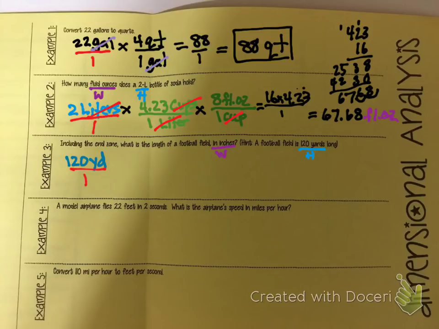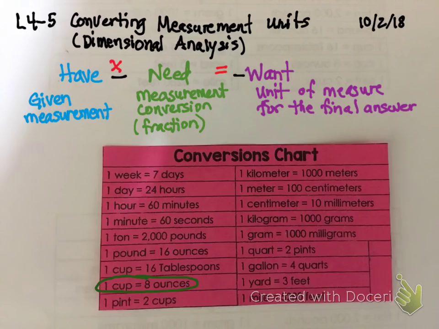And then I'm going to go back and look at my chart, and I want to go from yards to inches. Let's see if I have anything there, yards to inches. Let's see, I have yards to feet. Oh, let's go to green. So let's erase that last. So I have yards to feet, and then I know, because I've done it so much, that there are 12 inches in 1 foot.